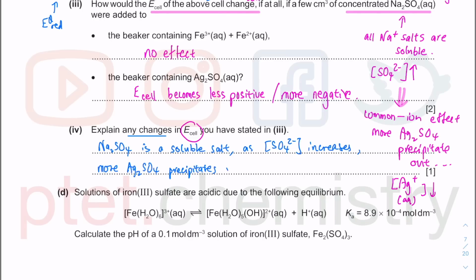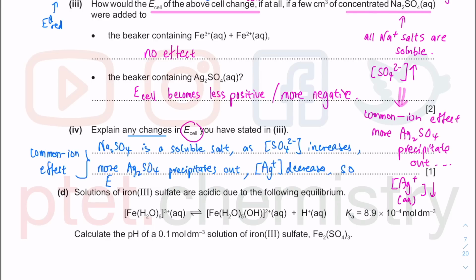And if more Ag2SO4 precipitates out, this is actually the common ion effect. It is not going to be relevant by you stating the effect without explaining it. It's not going to get you the marks. So more Ag2SO4 precipitates out, Ag+ concentration decreases.